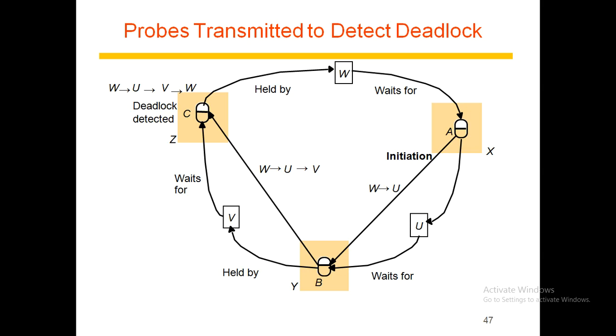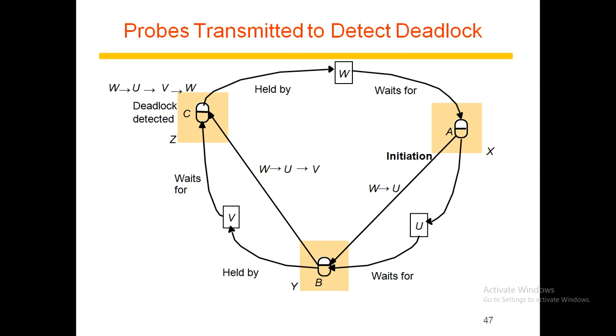One of the transactions in the cycle must be aborted to break the deadlock. The transaction to be aborted can be chosen according to transaction priorities, which we are going to see next. The figure shows the progress of the probe messages from initiation by server X to the deadlock detection by server Z.